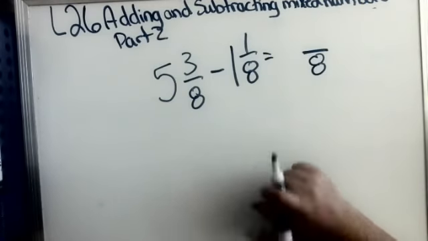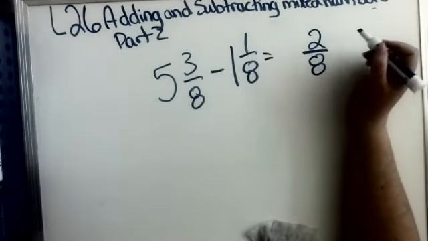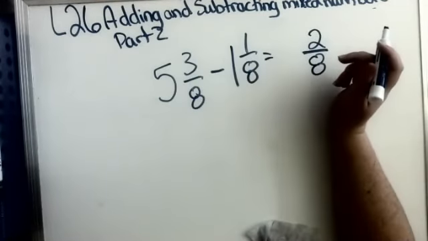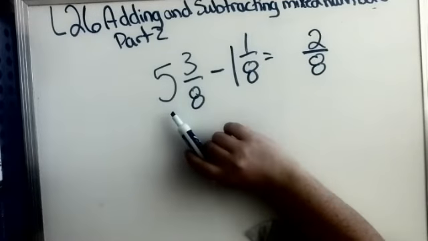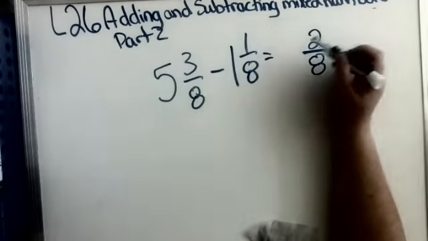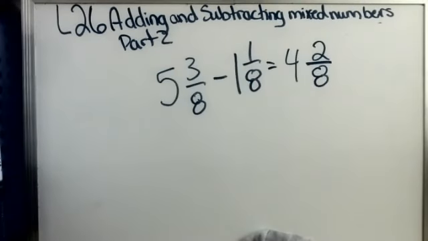Now I do my subtraction up top. 3 take away 1 is 2. I don't have to do any carrying or anything here. That's wonderful, no regrouping. Then I'm going to do my subtraction for my whole numbers. 5 take away 1 is 4. Nice and simple. That is subtraction. We've done addition. So that is lesson 26, course 1, adding and subtracting mixed numbers, part 2.